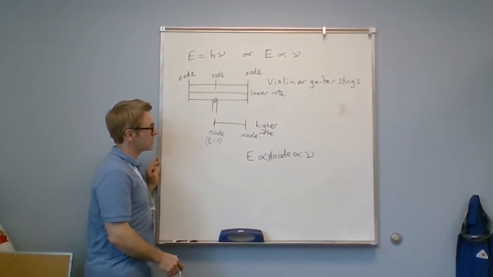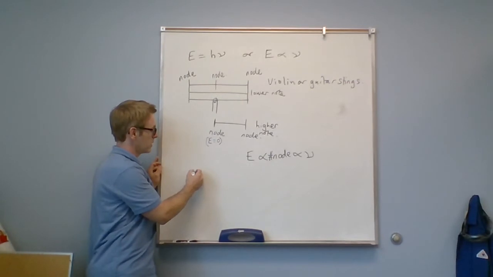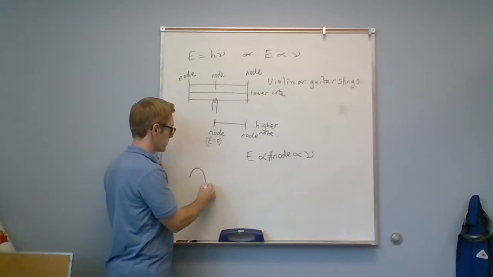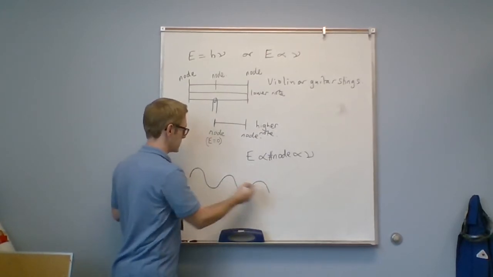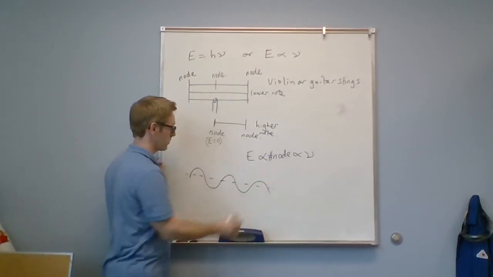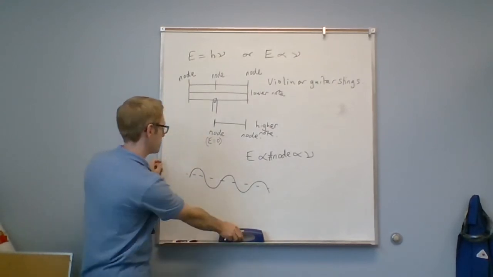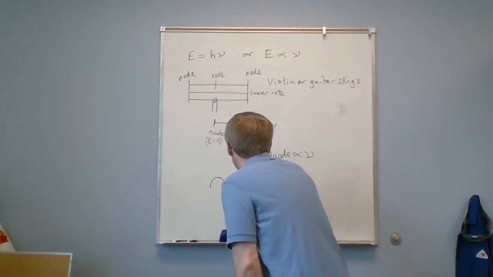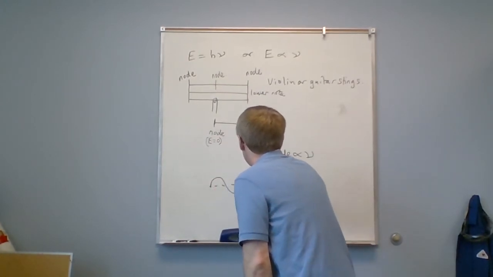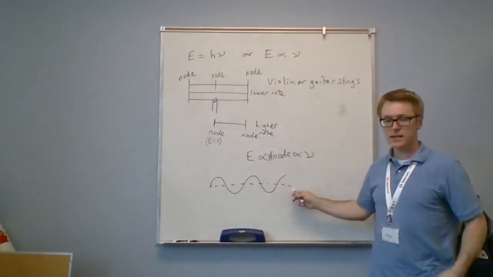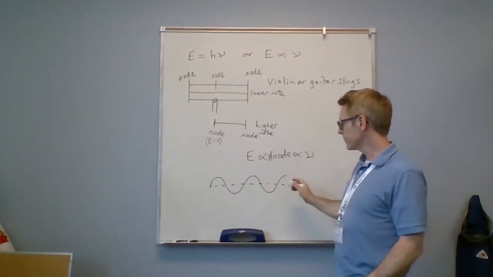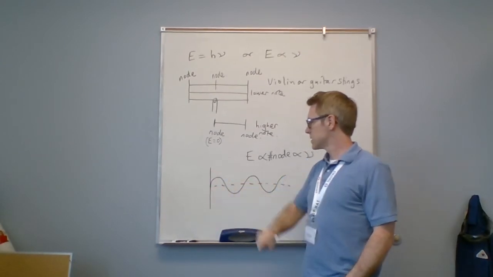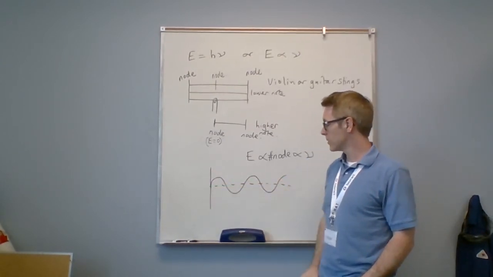Another way to think of this is if you were to actually draw a wave onto this. Imagine a wave oscillates about the center point. If I put a node here, the energy is 0.